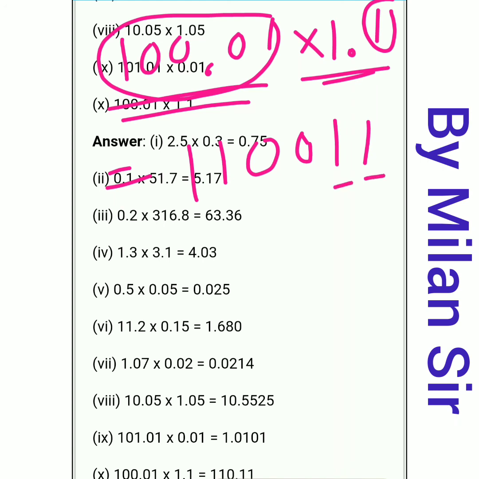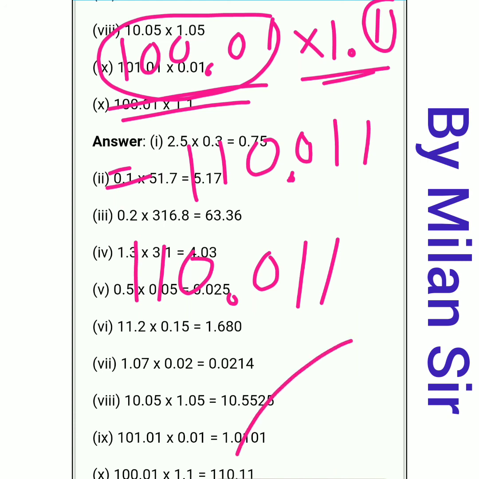So 1 2 3, before these three digits we need to put the decimal point. We do not need to mark this, this is for the explanation. So our answer is 110.011. Here in the printed answer there is some mistake. The actual answer is 110.011. It is a printing mistake.